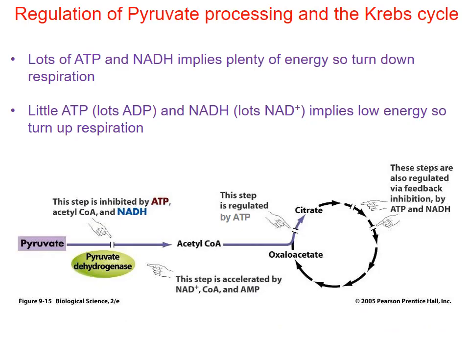Right. So it's important to remember that all three of the processes that we have discussed so far in cellular respiration are quite tightly regulated. Certainly in pyruvate processing, the Krebs cycle and glycolysis, as you've heard, when we have a lot of ATP and a lot of NADH, the electron carrier, in the cell, it implies that the cell has sufficient energy for its functioning.